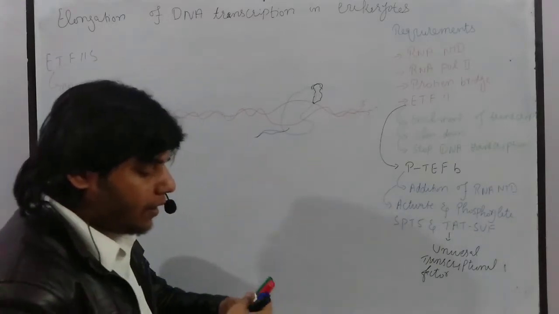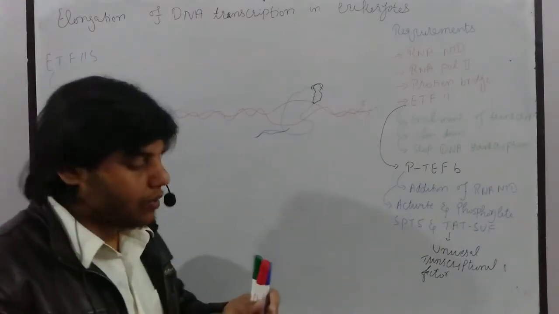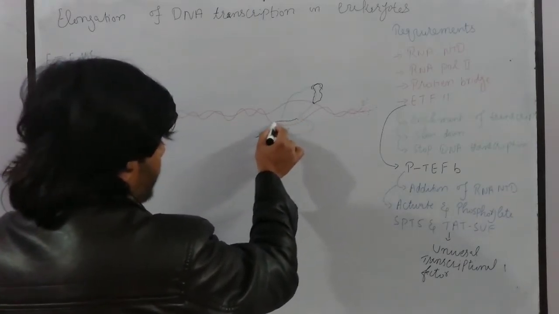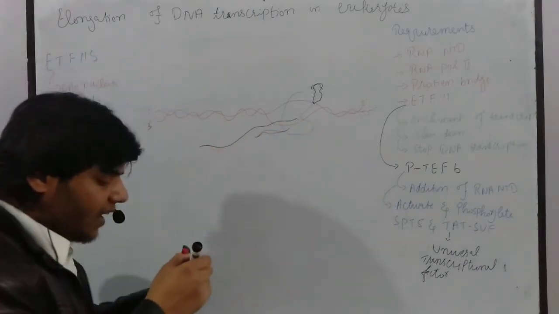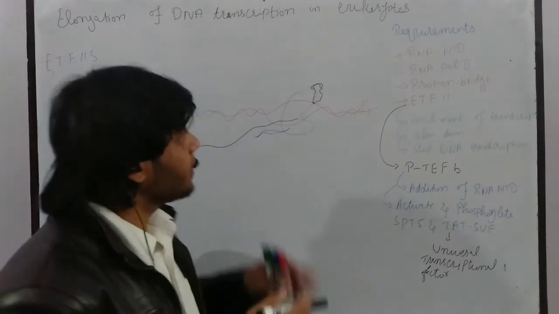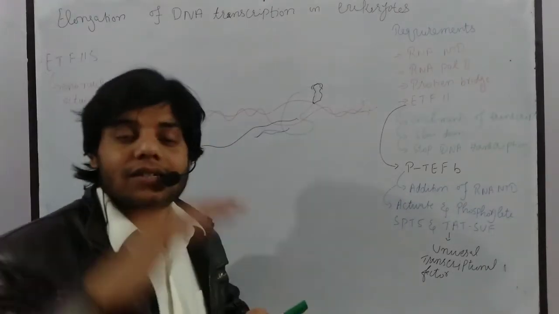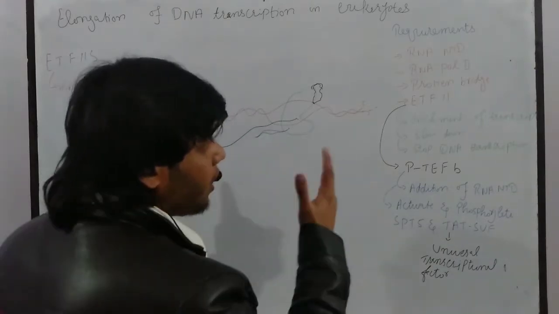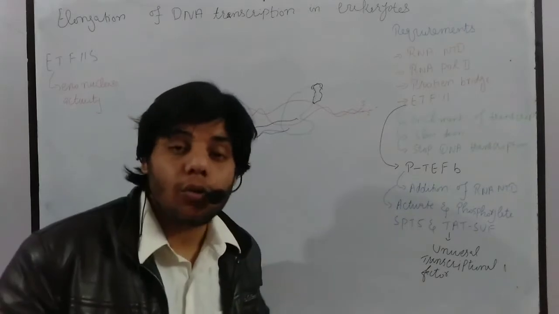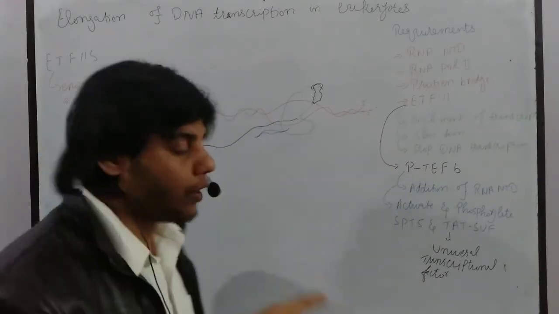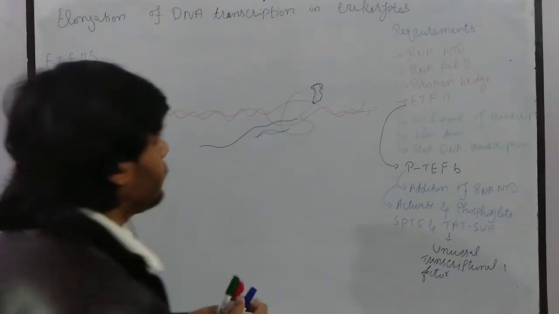After that, RNA will be transcribed. So this is the RNA which is being transcribed, as you can see. But here one question arises: how is it transcribing? RNA nucleotides will be added one after the other, and all the process is carried on inside the nucleus. Why? Because this is DNA transcription in the case of eukaryotes.